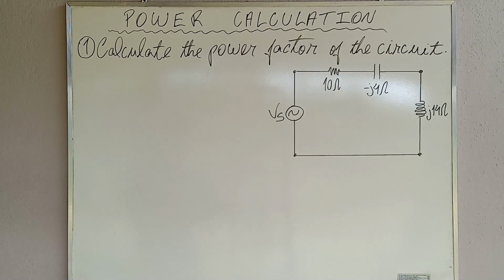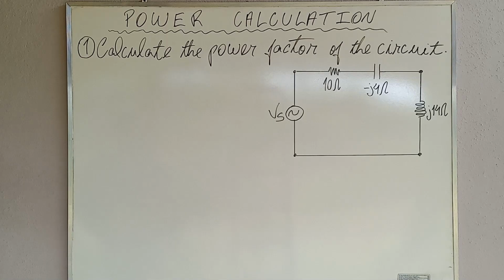Recall that the capacitive reactance and the inductive reactance depend on the frequency of the source. As the frequency of the source increases, the inductive reactance increases, whereas the capacitive reactance decreases.